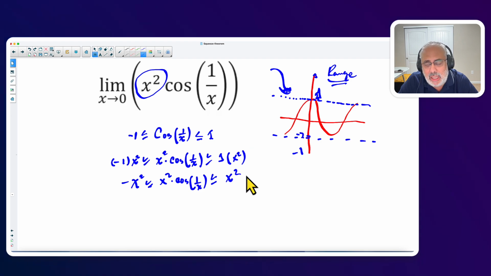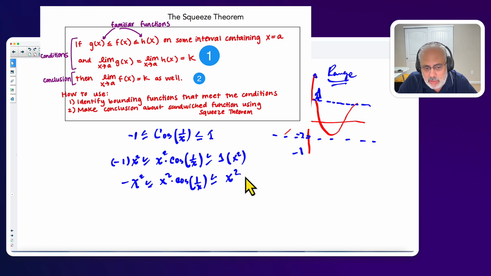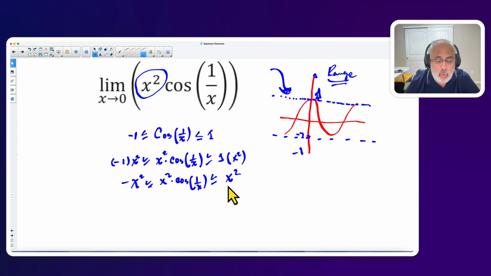And now we have the first condition of the squeeze theorem. We have a function squeezing in between minus x squared and x squared. So we have x squared cosine of 1 over x in between an upper and a lower function. If you want to make sure that you're understanding the problem, you can use decimals and you can graph the function.